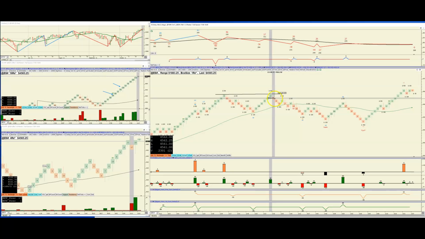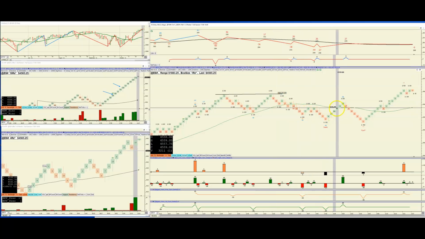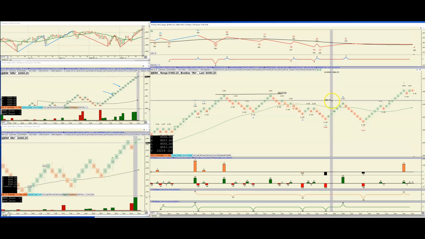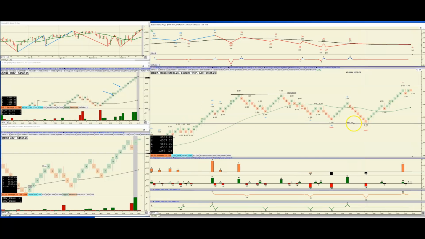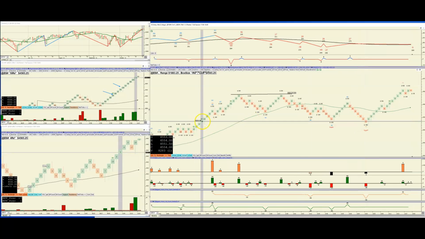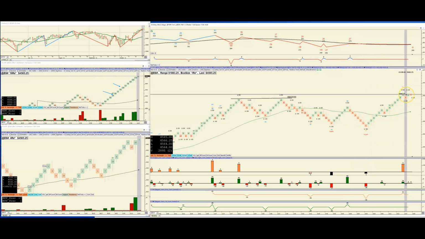And after that, it set up the supply, which gave one little test for one more rally down. That rally down went into the breakout area and set up the continuation higher.